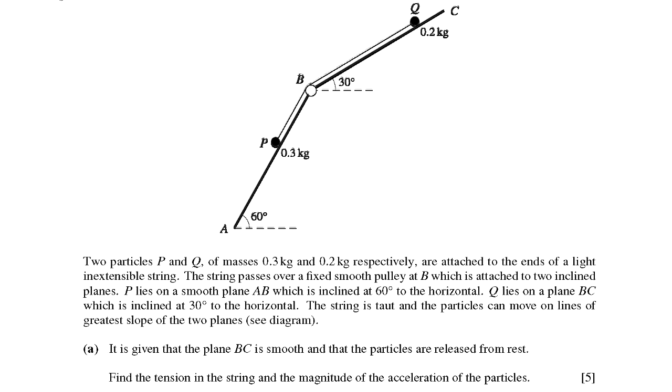P lies on a smooth plane AB. Okay, so what that tells us straight away is for P, there's no friction. So there's nothing going against the direction of movement, and we would assume it's going to move down, of course. So there's no friction that's going up in the case of P.